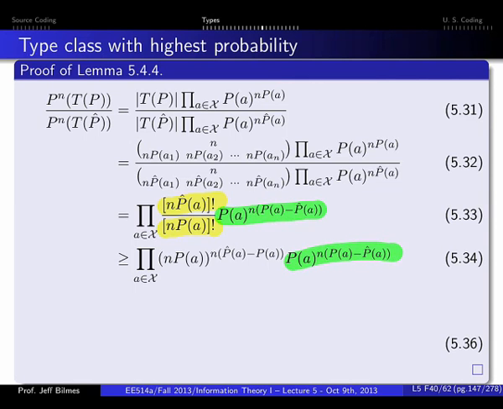I don't know if all these colors are useful for anything, but that's the numerator, here's the denominator, and so that becomes n again, and then the numerator becomes, and the denominator becomes this part here.